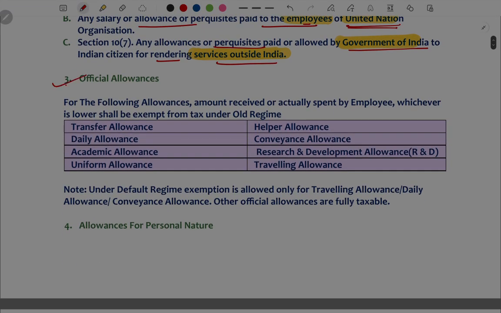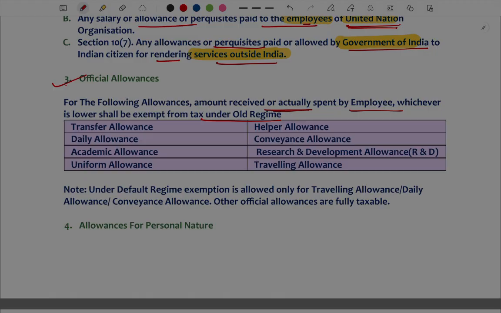Then there are official allowances. So what are official allowances? These are the allowances where the amount received or actually spent by the employee, whichever is lower, shall be exempt under the old regime. This is important: they are exempted only in the old regime.